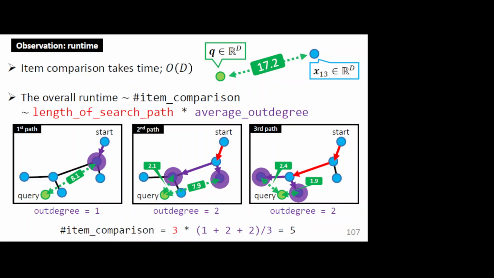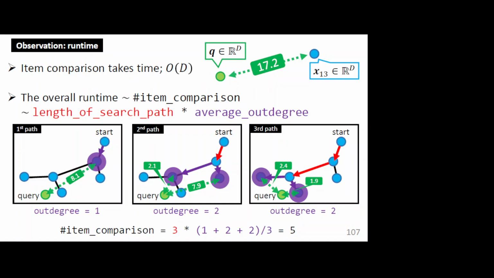So here is an example. You start from here, and you only have one neighbor, so your out degree is 1. In the second stage, you have 2 neighbors, so your out degree is 2. And in the third, you also have out degree 2.